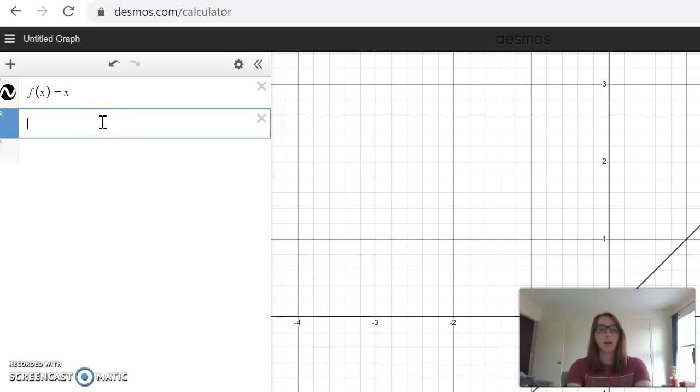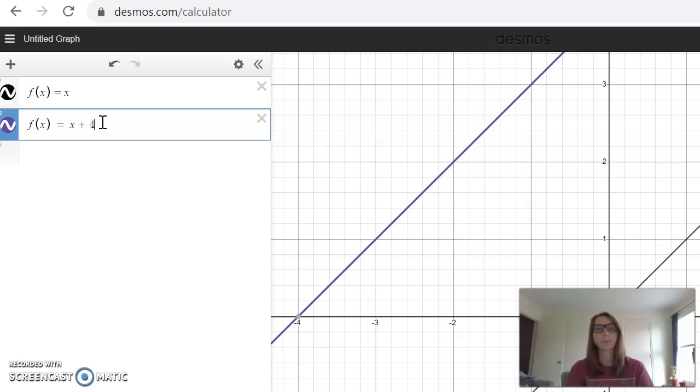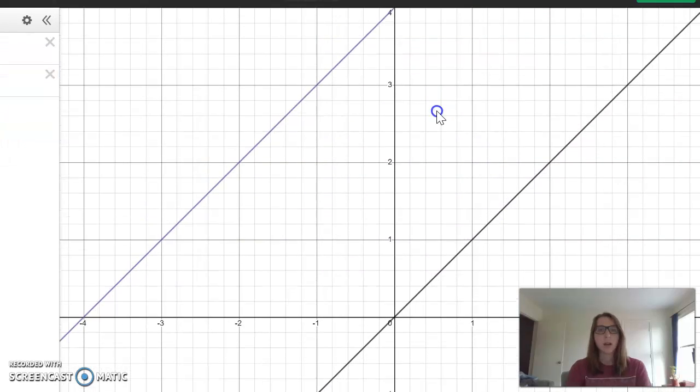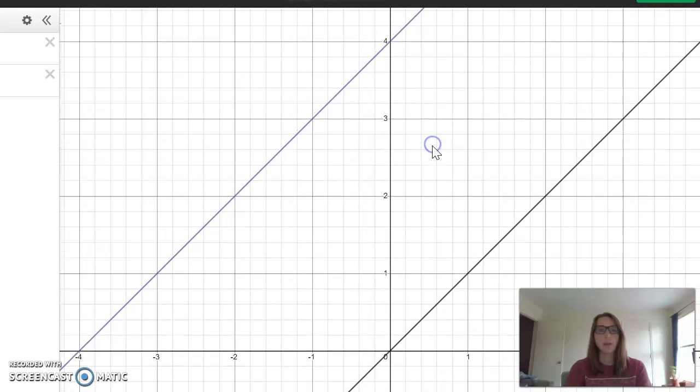I know it says g of x on your paper, but remember it is the same. So f of x equals x plus 4. That's already been inputted onto my graph. Let me move the screen back so you can see it a little bit more. You will see that the parent function here is this black function.